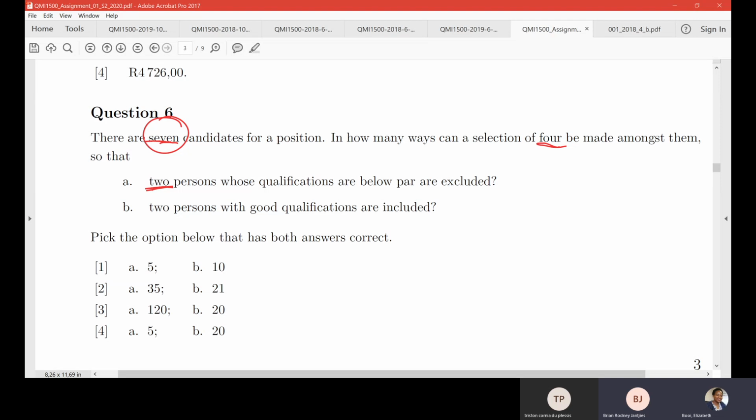The second part says 2 persons with qualifications should be included. There are already 7 candidates, and we know those 2 need to be part of the 4 as well. So why do they use 5 instead of 7 for number 2?